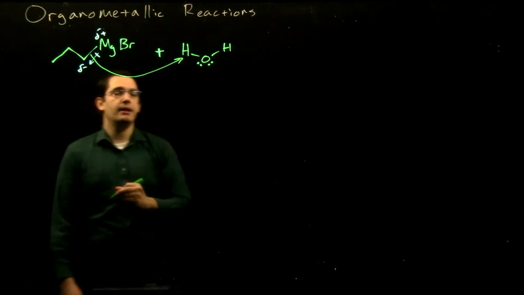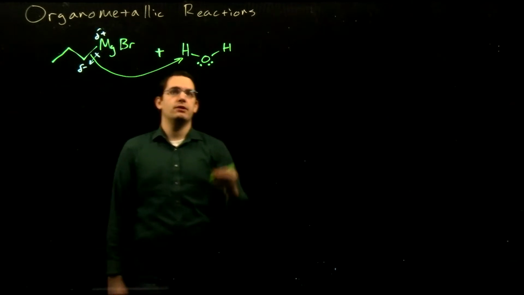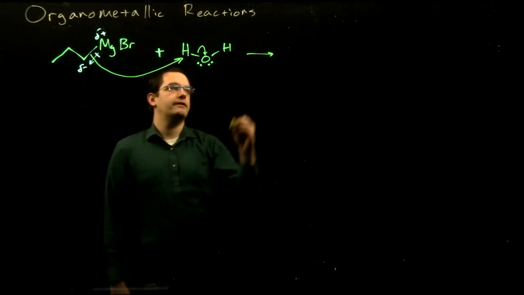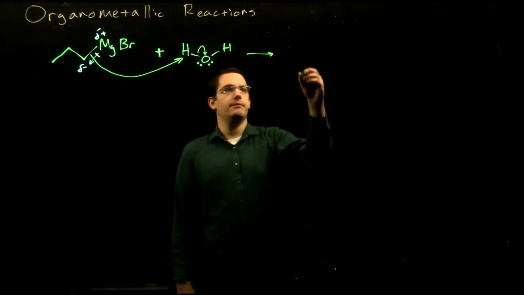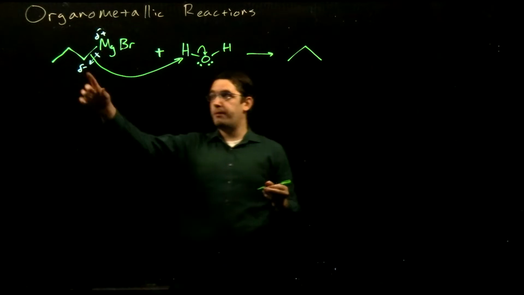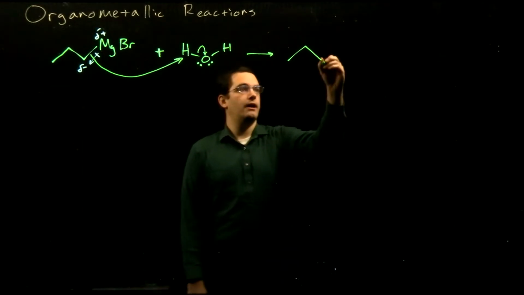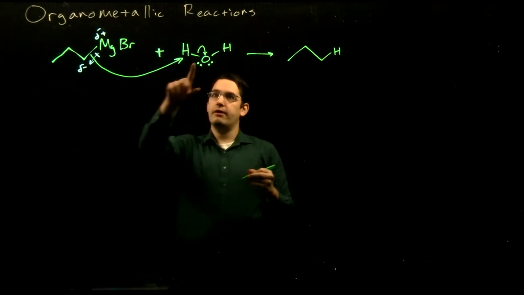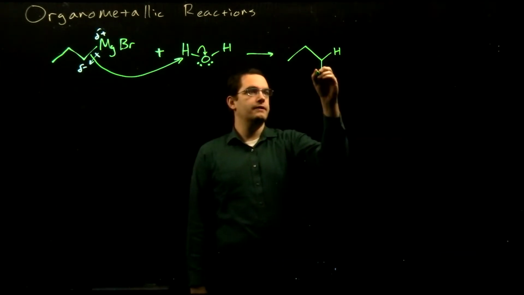So if we put it together with water, we're going to take the electrons from our nucleophilic and basic carbon, and of course we're going to use those to deprotonate our water molecule in a simple acid-base reaction. So we'll end up producing just our propane, as we're taking this bond here and forming a bond to our hydrogen on our water instead.